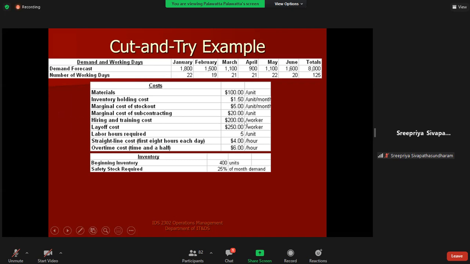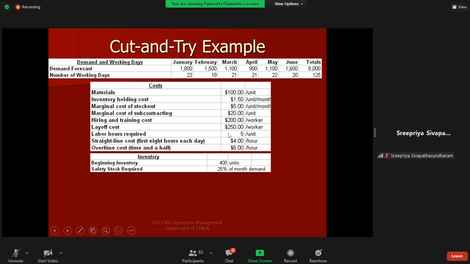Hiring and training cost is $200 per worker. Layoff cost is $250 per worker. You see, normally layoff cost is larger than hiring and training because this may involve litigation.